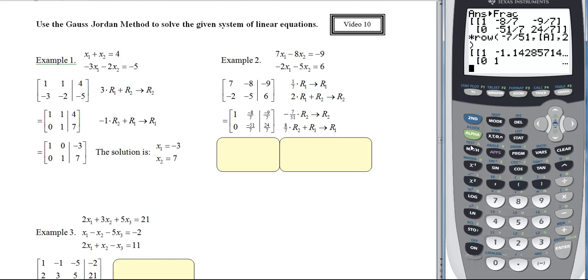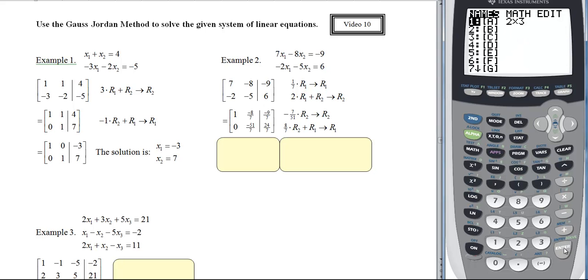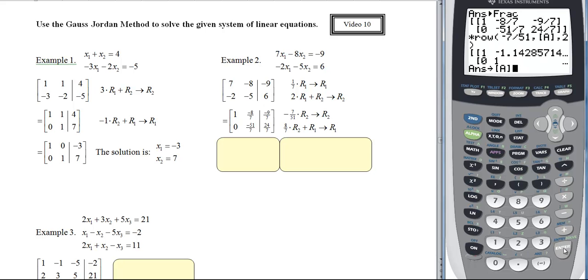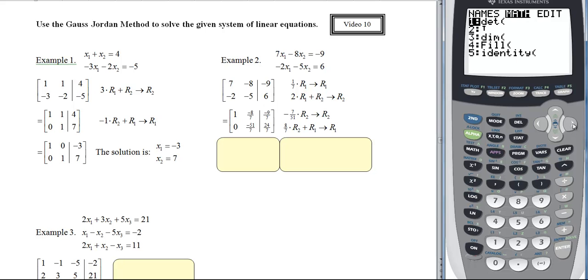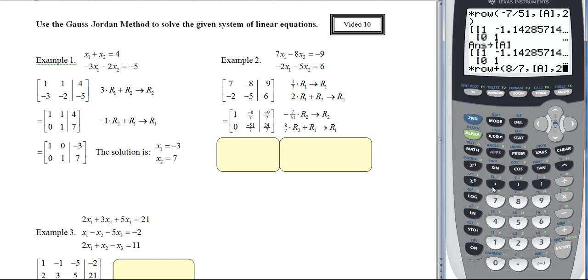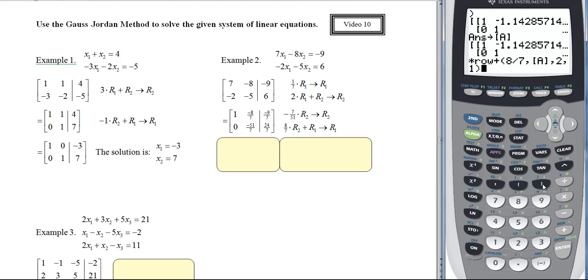Yep. Store, second matrix. Remember, you're going to have to hit enter twice when you store these. So the second thing I've got to do is get a 0 in that position. So second inverse for the matrix key, over to math, up for the multiply add. 8 divided by 7, comma, second matrix, comma, 2, comma, 1, end.